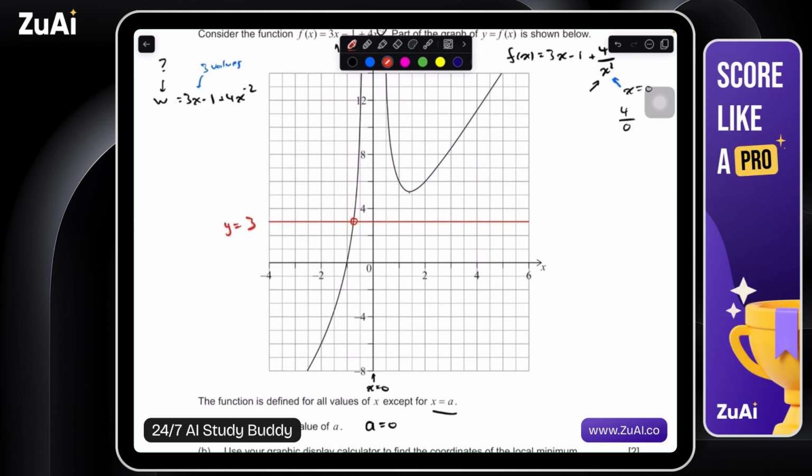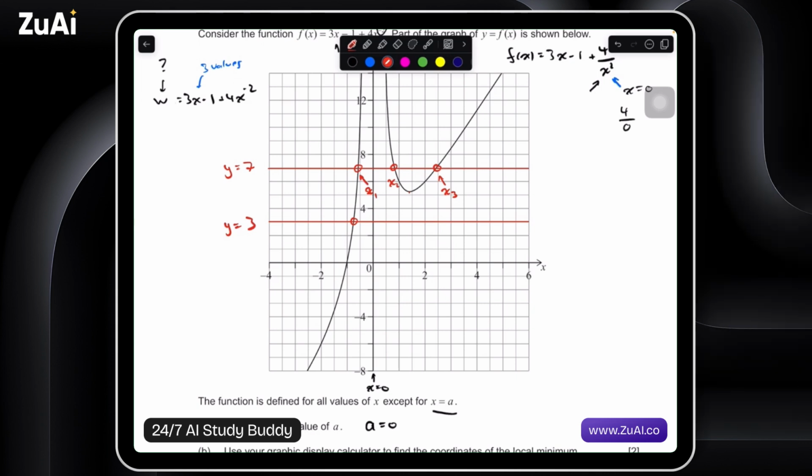And if we were to graph any other line for w, let's say y is equal to 7, now we have 1, 2, 3 solutions, or 3 x values. We have x1, this is x2, x3. We have 3 x values which will produce an output of 7 in this case.